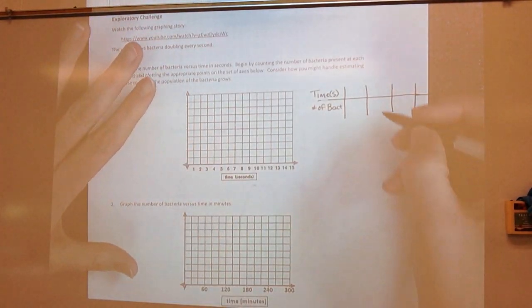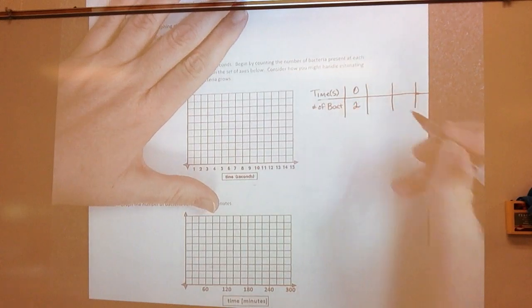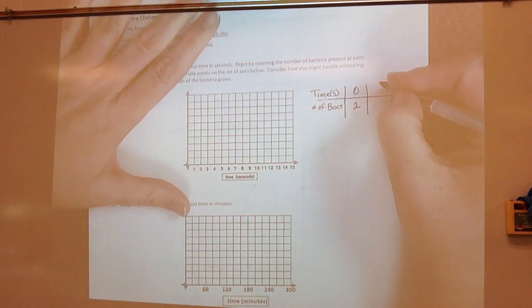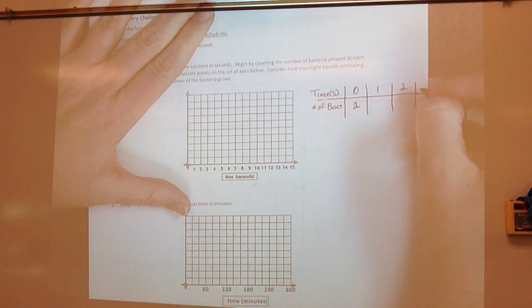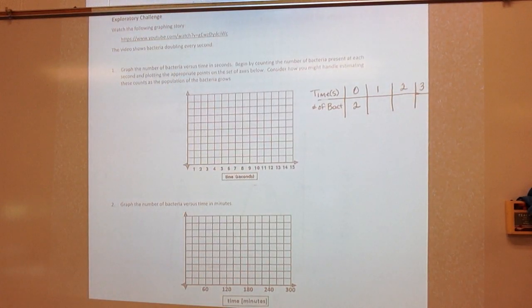Alright, now at 0 seconds, before I did absolutely anything in this video, before I pushed play, you will notice that there were 2 bacteria there. I want you to go back and look at the video at 1 second, 2 seconds, and 3 seconds, and see if you can count the number of bacteria.